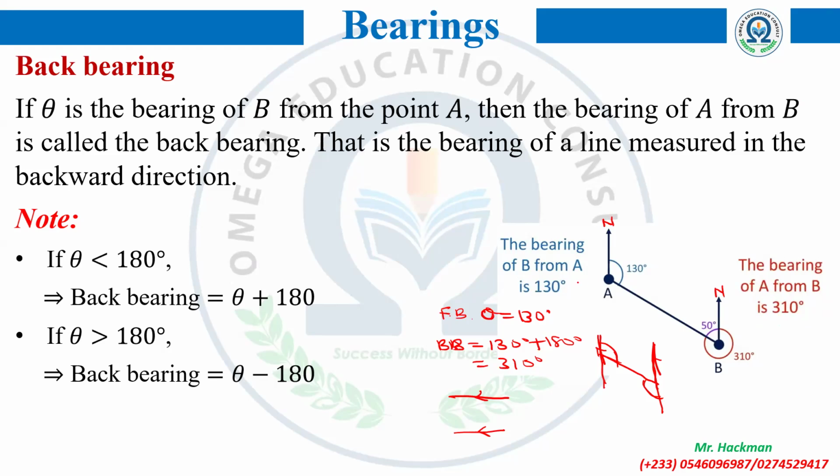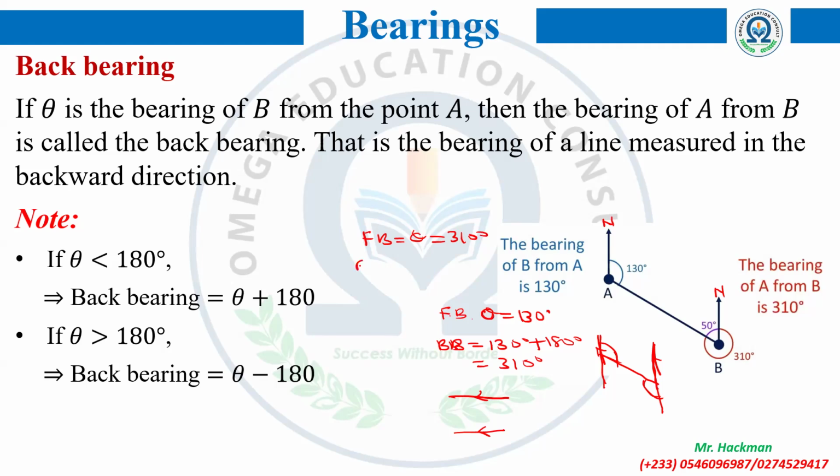Then you want to get this time around B from A. So that becomes the back bearing. And you can see that here, if this is our front bearing, FB, which is the theta, is equal to 310 degrees. And 310 is greater than 180.